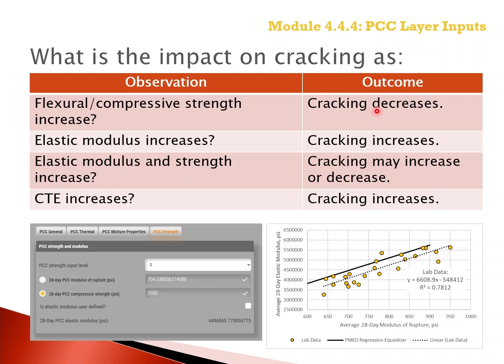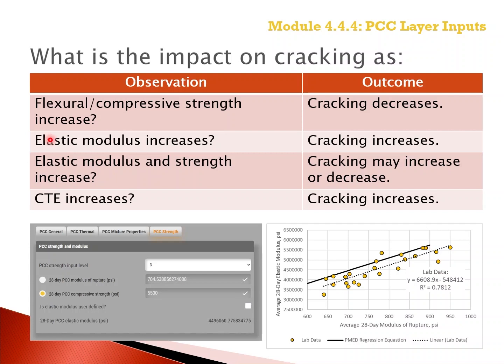Simply because as the concrete mix is getting stronger, the number of allowable load applications is increasing, and since the elastic modulus is not changing, the tensile stresses computed at the top and bottom of the slab will basically be unchanged because there is no change in the elastic modulus.